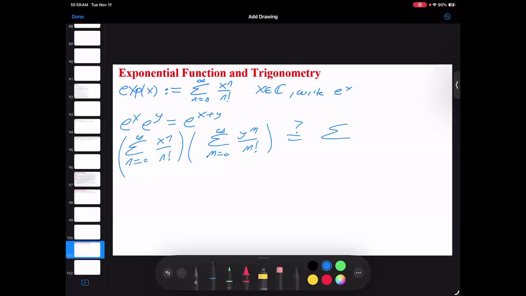Does that equal the sum, let's say k goes from 0 to infinity of x plus y to the k over k factorial? If the answer is no, then the math notation sucks. There's no gentle way around it. It would be terrible notation to denote this as e to the x, because you want to basically use exponent laws.